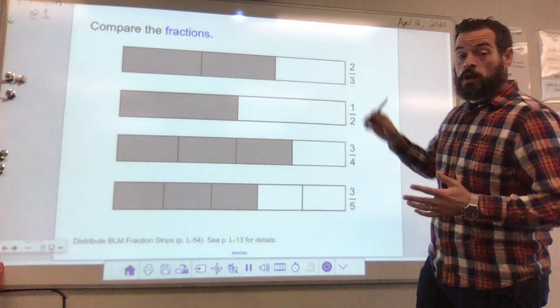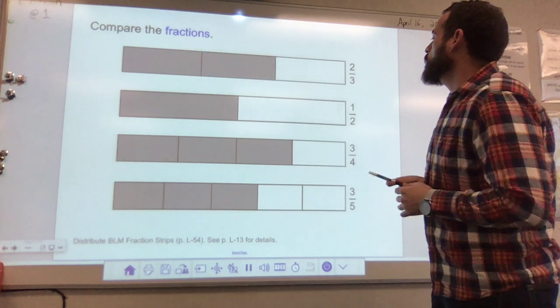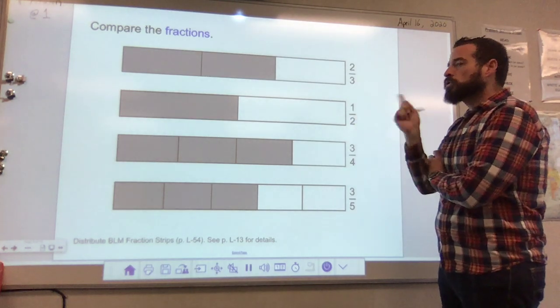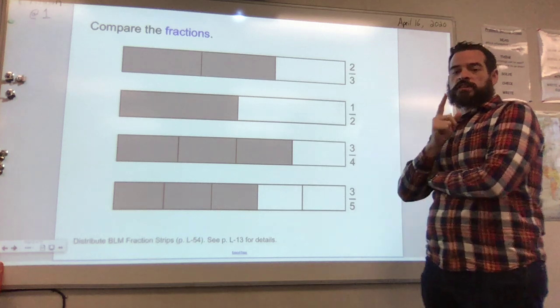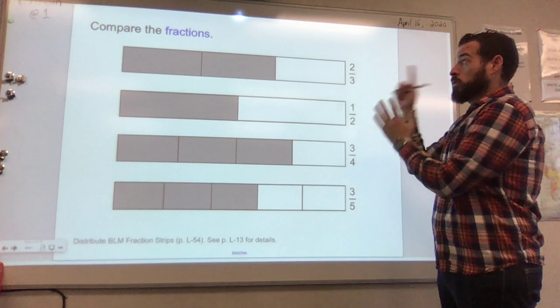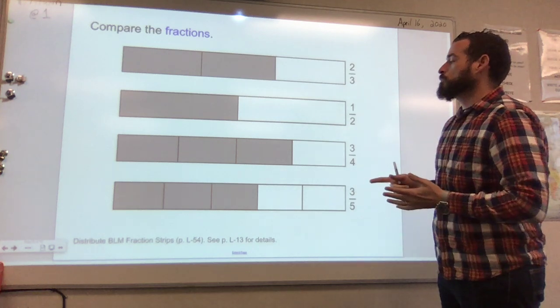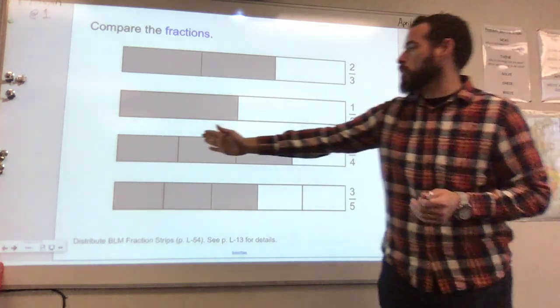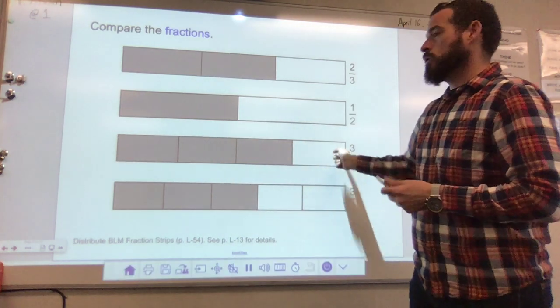Now, if we want to compare these, just take a look, and I'll give you a second to think about it. Think which one is going to go first. Which is the bigger one? This is really something you can just look at and see. So when I look at it, okay, what has most shaded? 3/4.